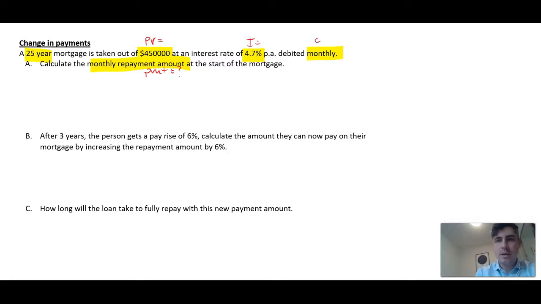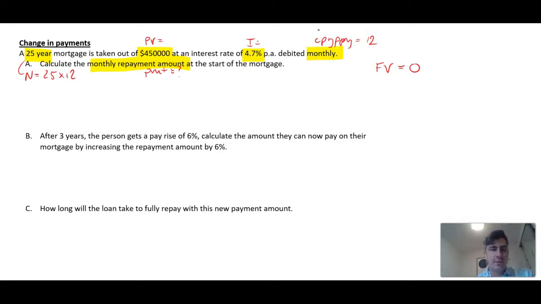CPY, PPY is the same, 12. 25-year mortgage, that means N is actually 25 lots of 12 if it's monthly. The only other one we're missing is FV. We're just missing PMT, and FV is going to be 0 because we want to fully repay this loan. So that just leaves one unknown.